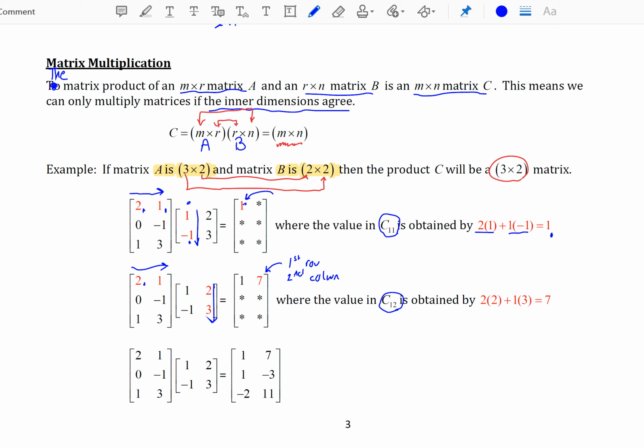So it would be 2 times 2 plus 1 times 3, which gives you the value 7 that's in the C12 position.